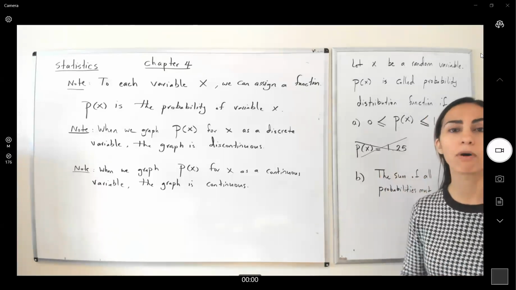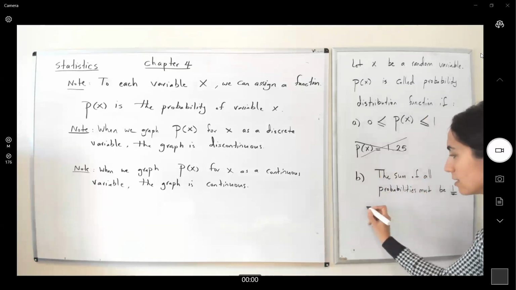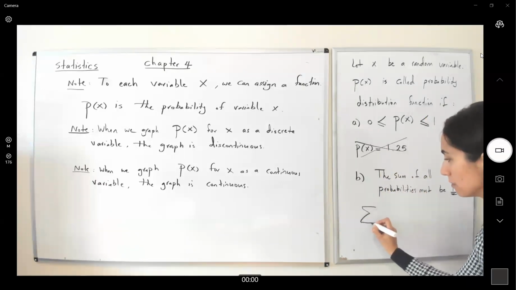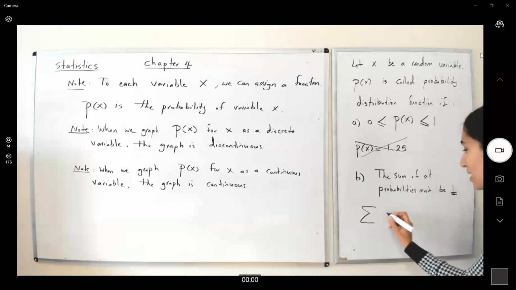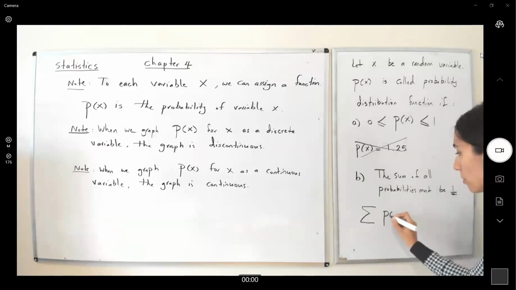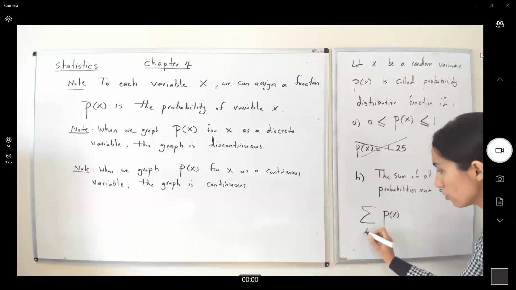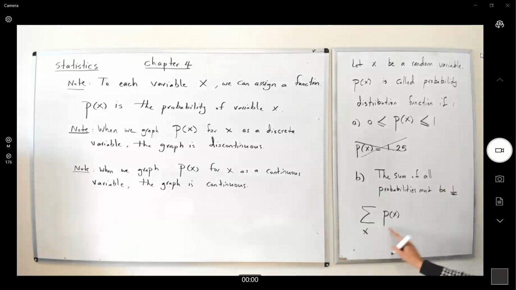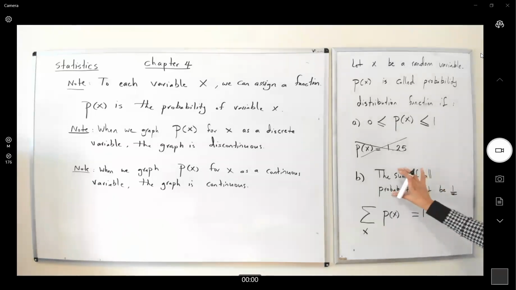Mathematically, symbolically, we write sigma, the sum of all probabilities P of X, and down here you write X, since your X is changing, must be equal to 1. So that's how we read it, that's how we write it in math.